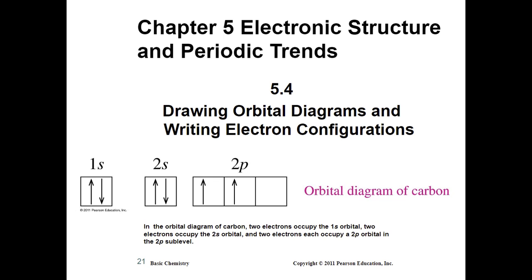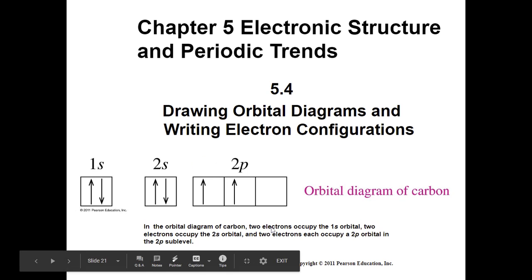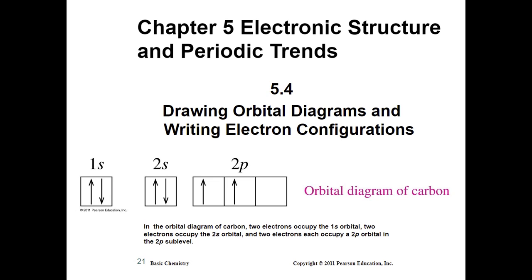Let's go to orbital diagrams. For an orbital diagram, you use boxes and arrows. We still use the electron configuration as a guide, like 1s, 2s, 2p. But keep in mind, s can fill up to 2, so there's only one box.